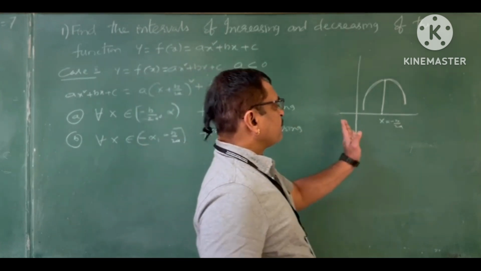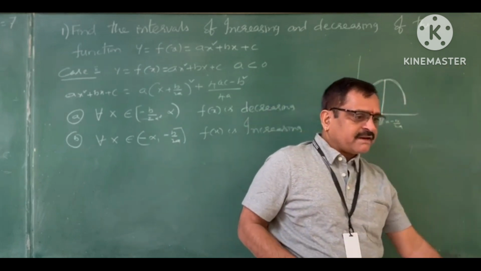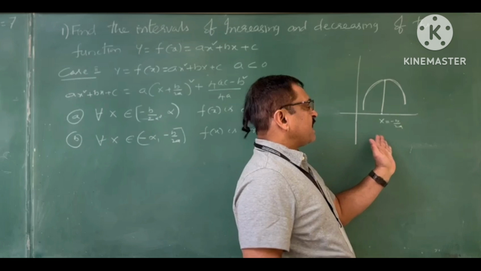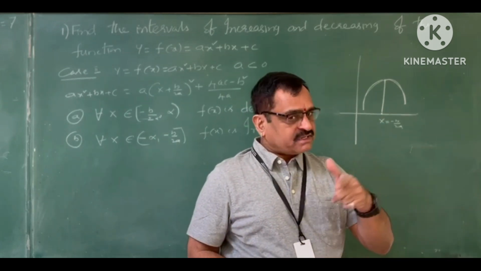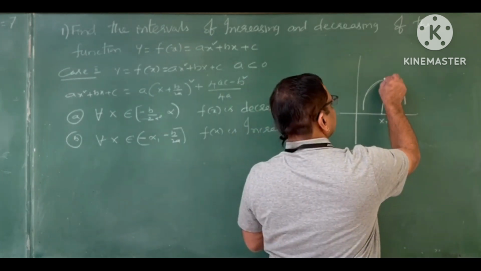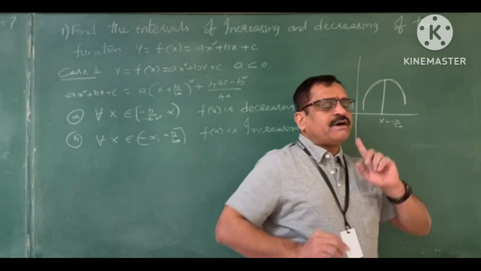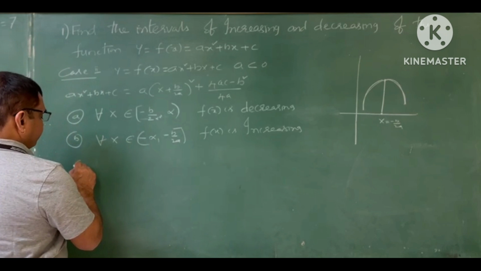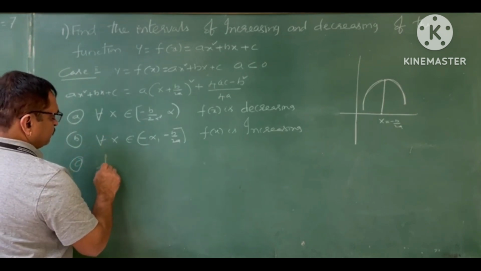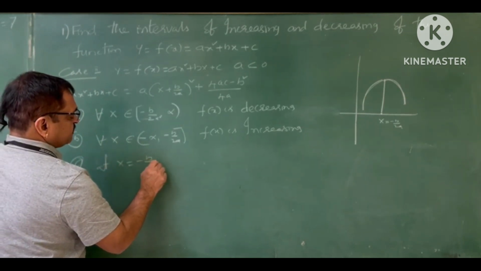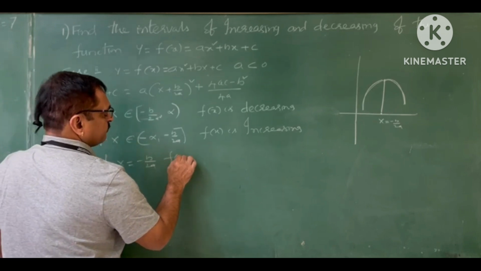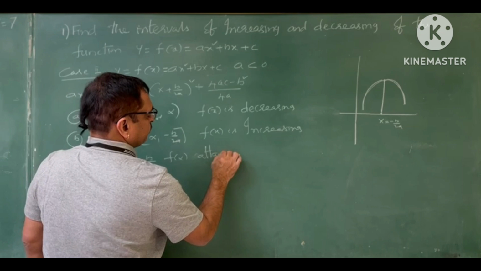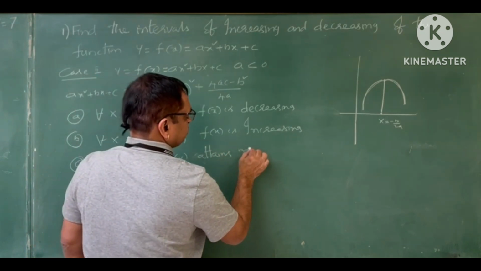Now the function is increasing and decreasing. Up to minus b by 2a, it's in increasing mode. After minus b by 2a, it is in decreasing mode. Therefore, at x is equal to minus b by 2a, the function attains maximum value. Three, at x is equal to minus b by 2a, f of x attains maximum.